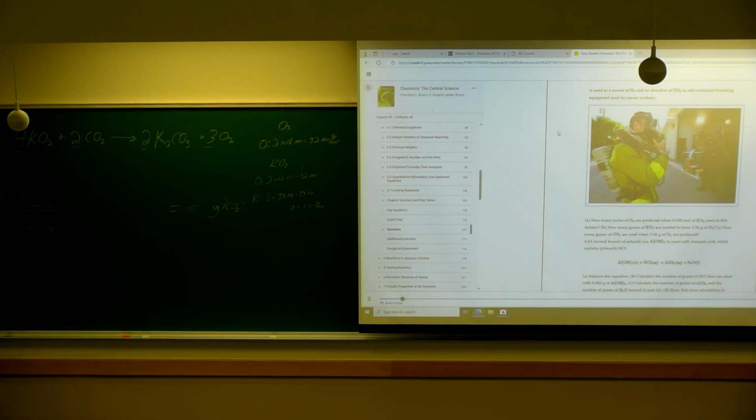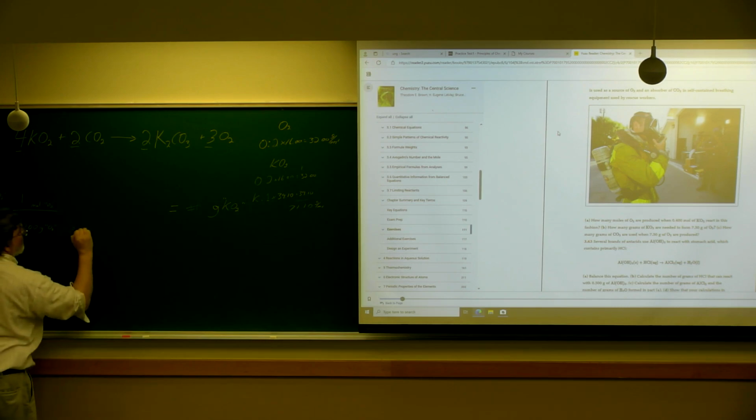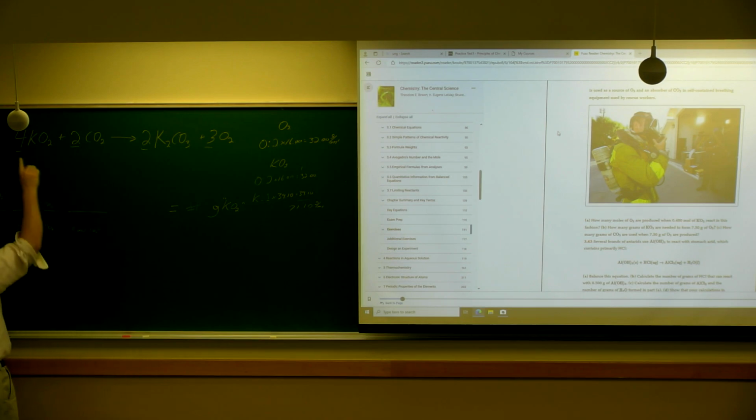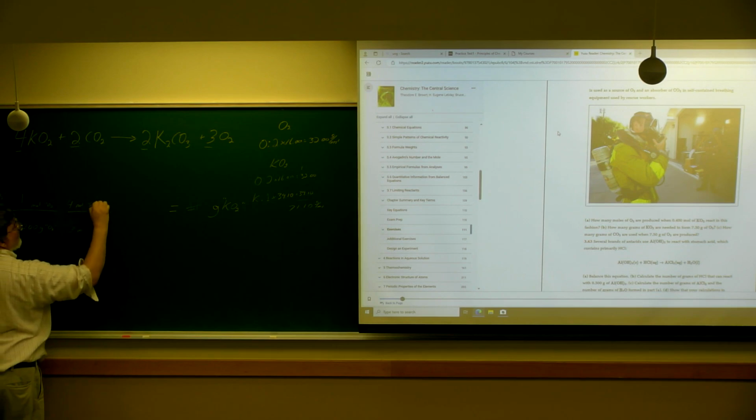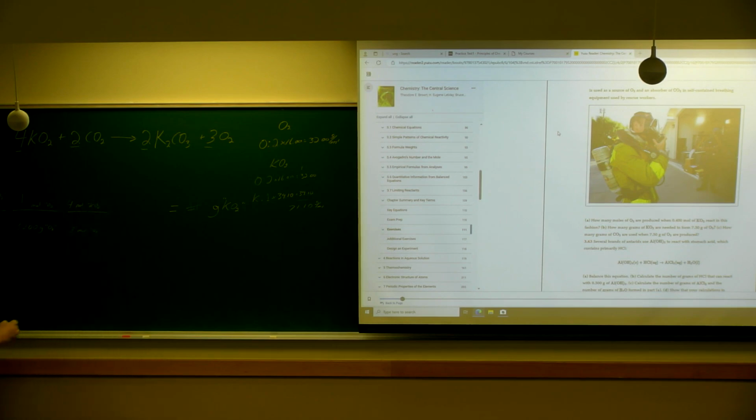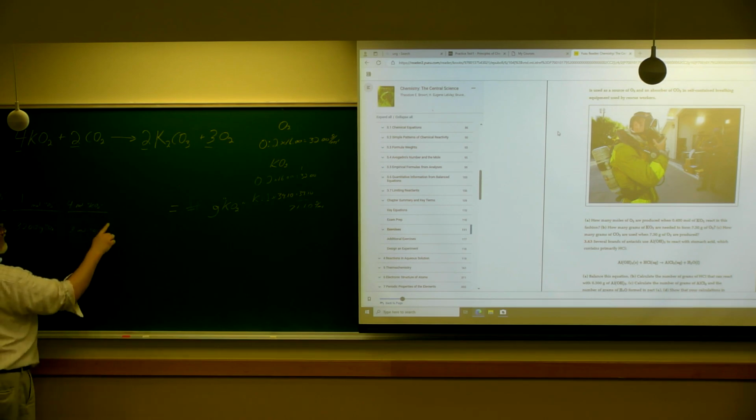The next thing I'm going to need is that molar relationship between O2 and KO2. Remember I said think in terms of moles for these? So moles of O2, 3 moles of O2 is related to 4 moles of KO2. All right, so grams of O2, those have canceled. Moles of O2, moles of O2, those have canceled. Now we're in moles of KO2.